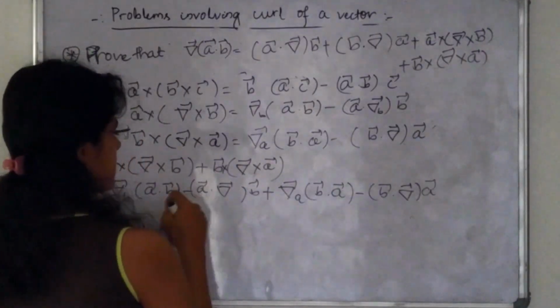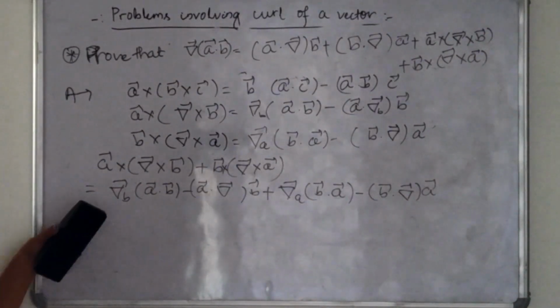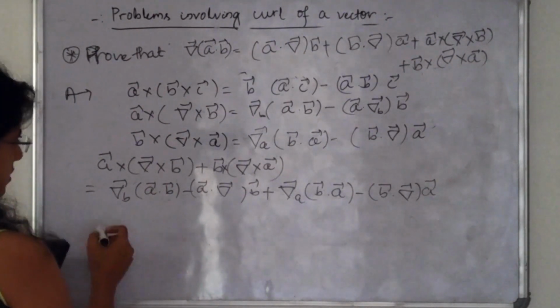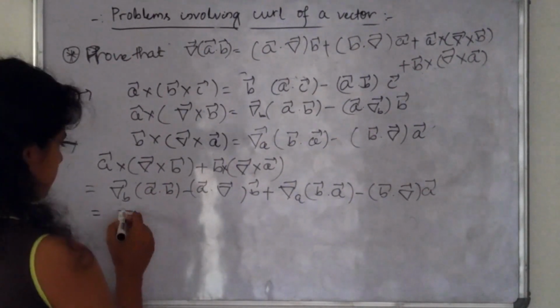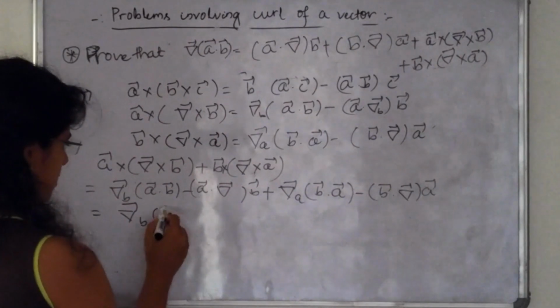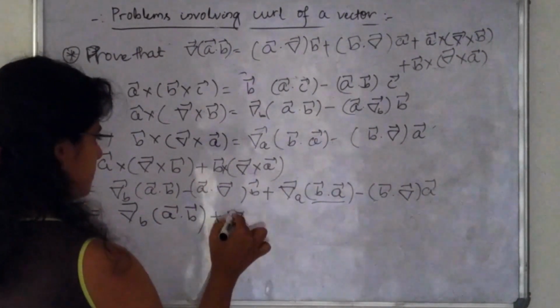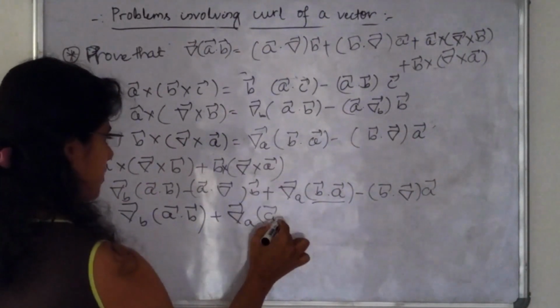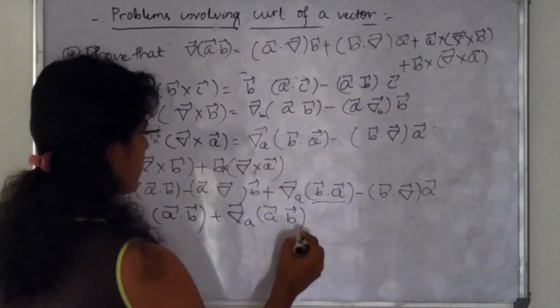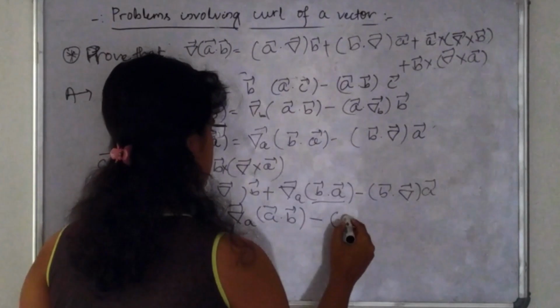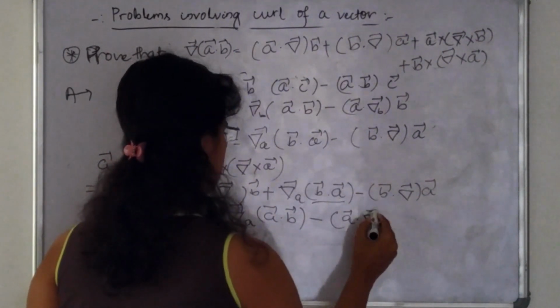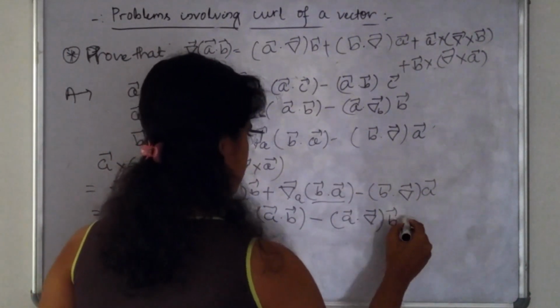You can also ignore the sign here. This is also equal to A dot B, because we know that A dot B is equal to B dot A, and the rest of the terms I am just writing as they are.